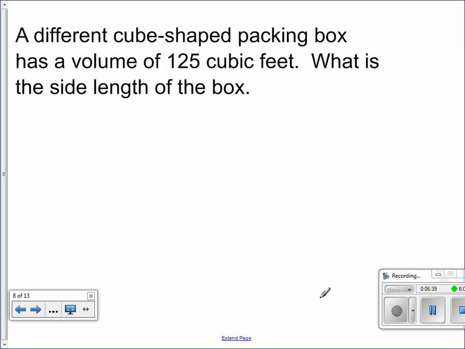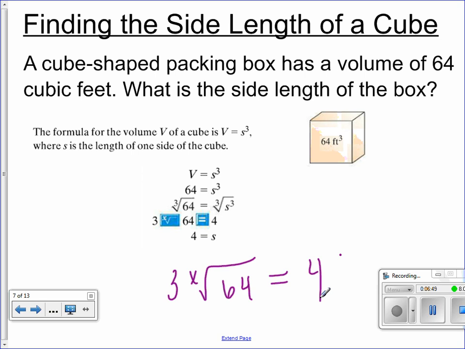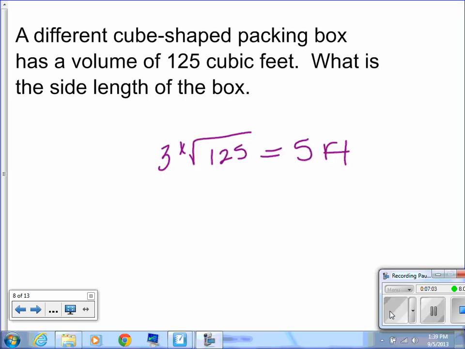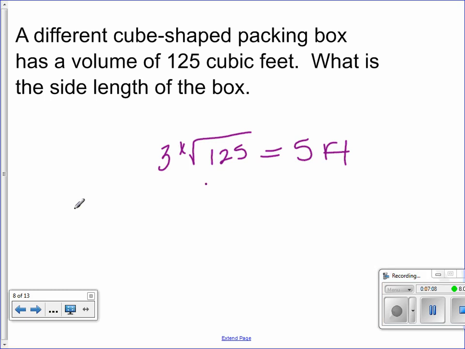So let's say we have a different cube-shaped packing box, and it has a volume of 125. I want you to use the information from this slide to figure out how you would find what each side length of the box is. If you typed in your calculator, again, we know that in a cube we're going to find the length of the sides, so side times side times side.